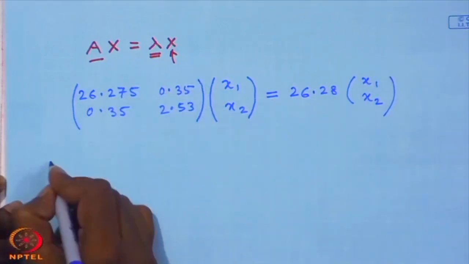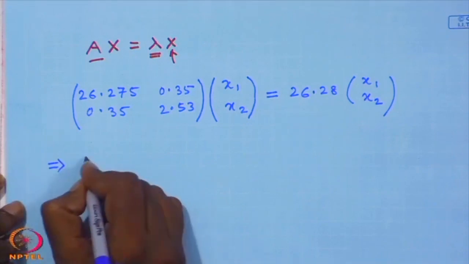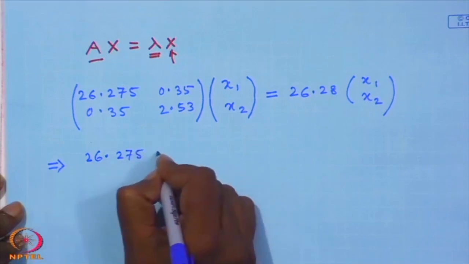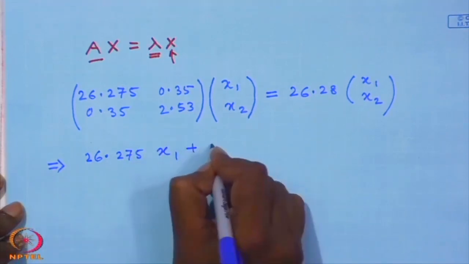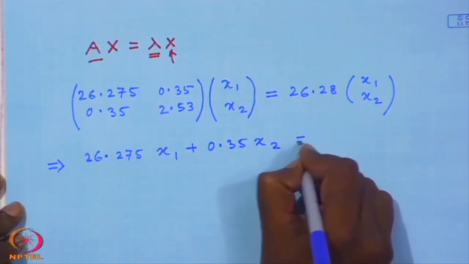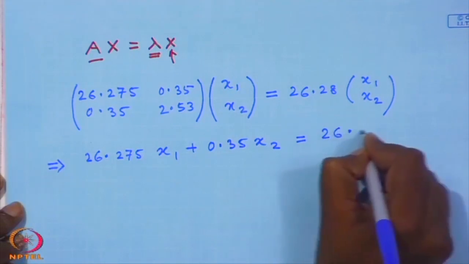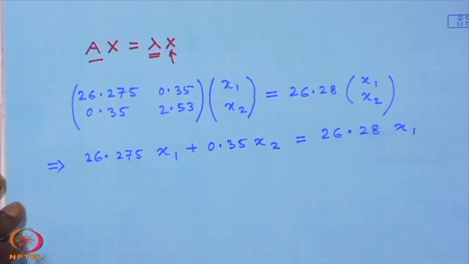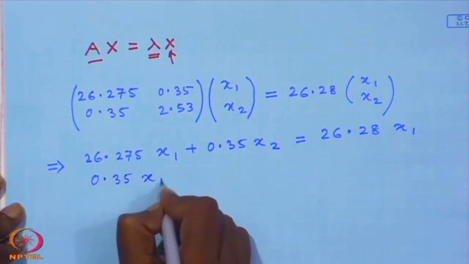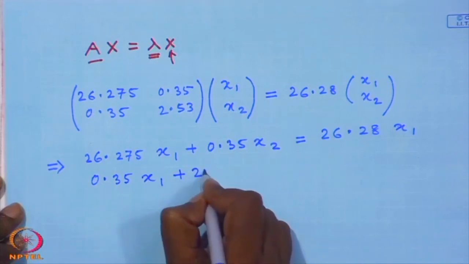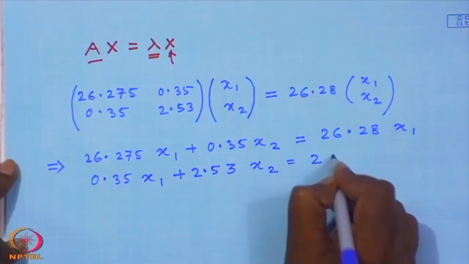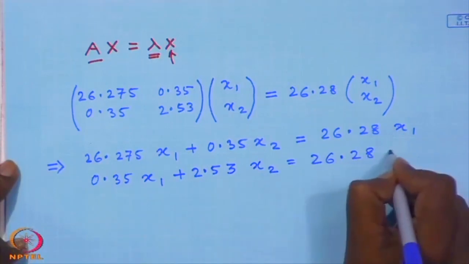So, if I reduce these equations into linear equations, I get two equations. One is 26.275 x1 + 0.35 x2 = 26.28 x1, and the other one is 0.35 x1 + 2.53 x2 = 26.28 x2.